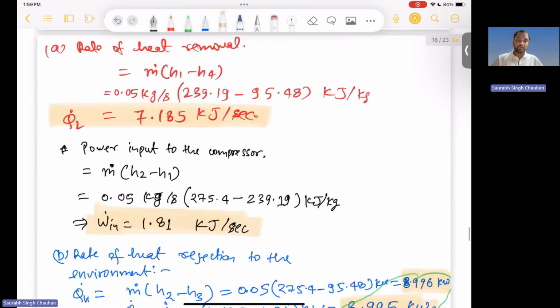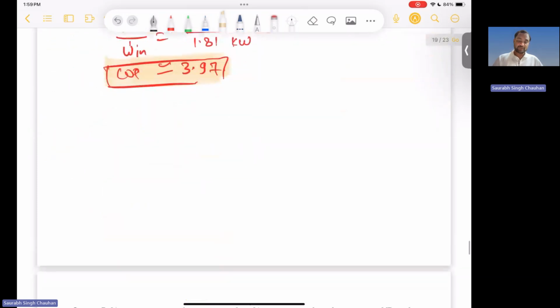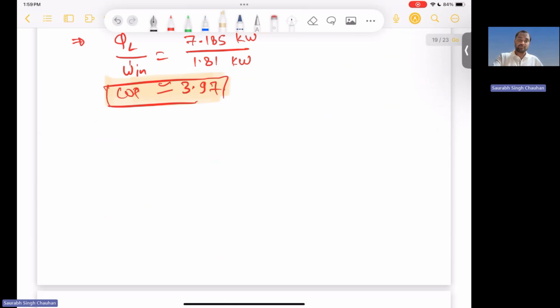Okay, but we do not use the turbine because it will make the system more complicated, right? And there are some other problems involved. For example, turbines usually can handle single phase.